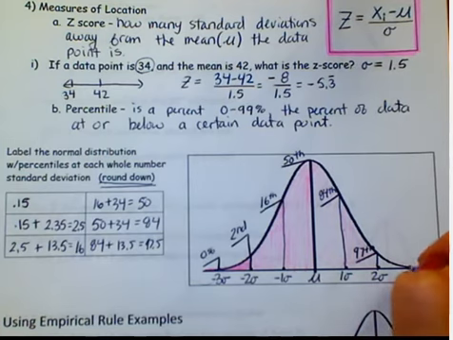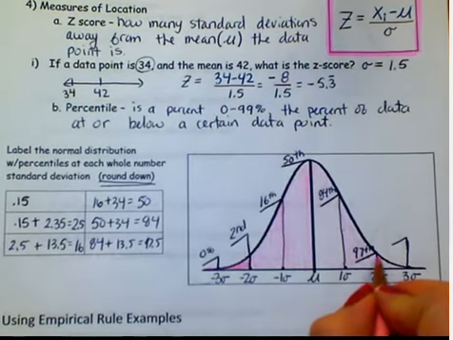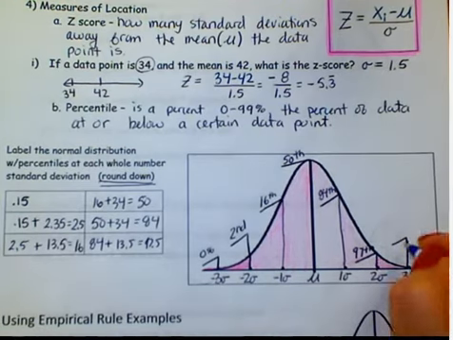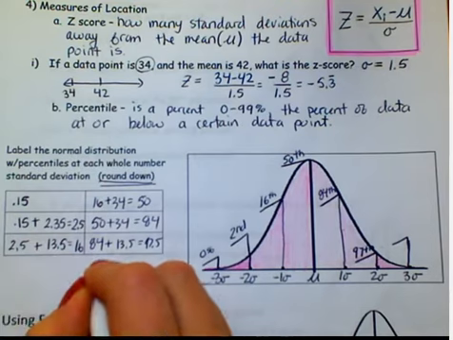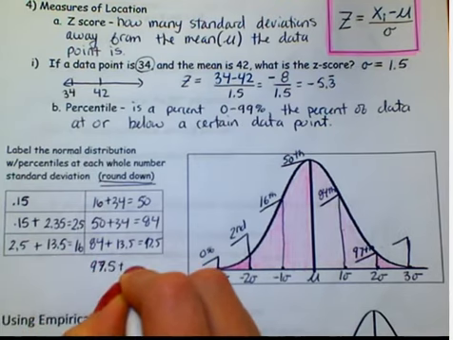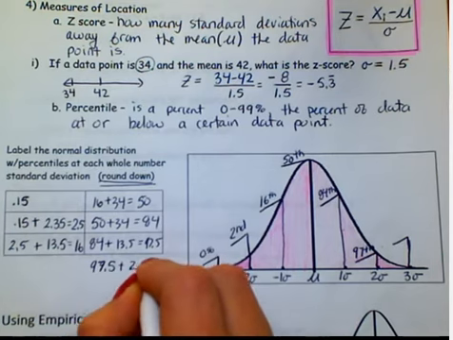Okay, last section. 3 standard deviations above. Notice it's not quite all of the data values. There's still this one section over here. Okay. 97.5 plus 2.35.